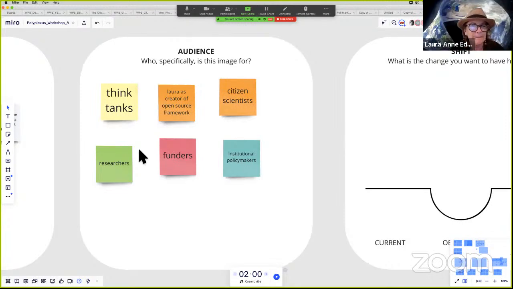Very nice. These are great, and what I would then encourage you to do afterwards, if you continue this, is to itemize them. So, which think tanks? Give me a persona or 2 or 3 of a citizen scientist. Is she working in the Philippines as a 22-year-old student?